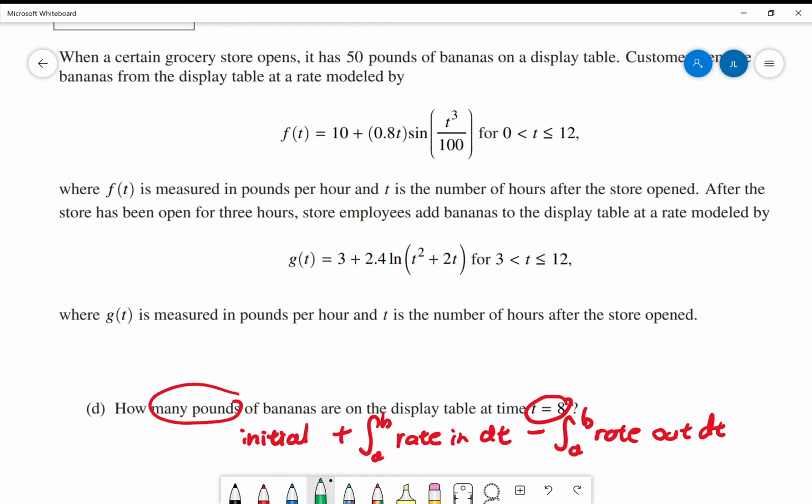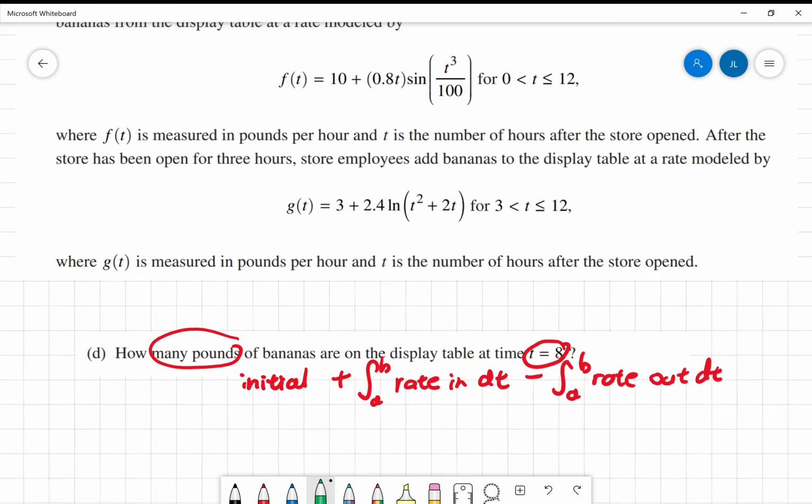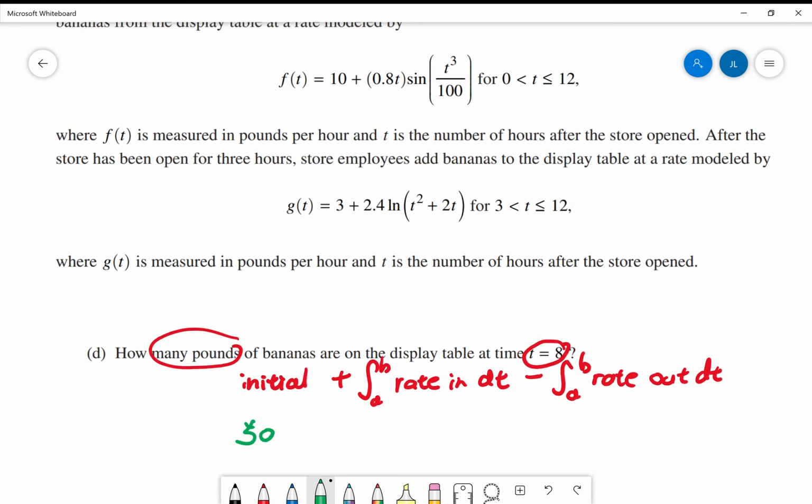In this case, our initial amount, hopefully we circled it in the beginning, is going to be 50 pounds of bananas, plus the rate in, that would be g of t. And be careful here, because the domain for g of t doesn't start at 0. The time frame starts not from 0, but from 3 to 12. And the rate at which bananas are being removed starts from 0 to 12.